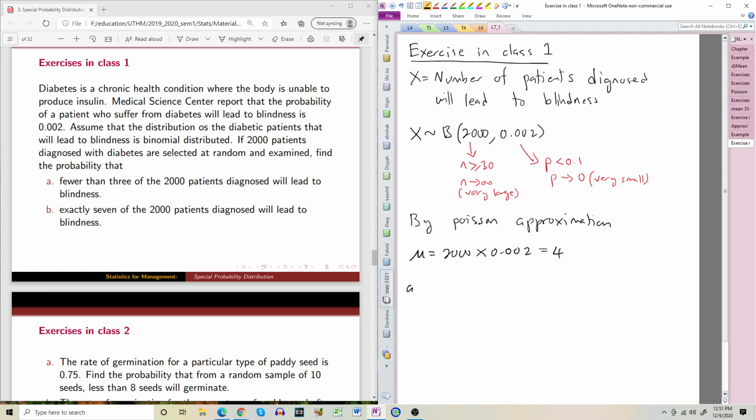The mean is 4. So question A is x less than 3, until 2.